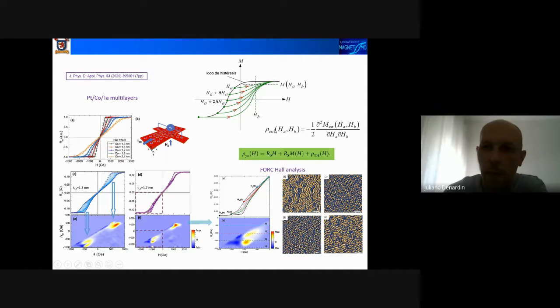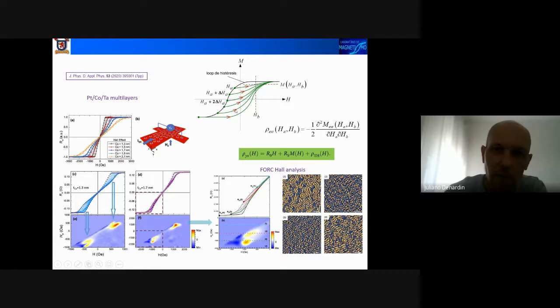If you do a second derivative of the magnetization or the Hall effect curve as a function of the fields you use for the creation of this curve, you can have this diagram that is shown here in blue, where this diagram is plotted as a function of reversal fields and as a function of applied field.